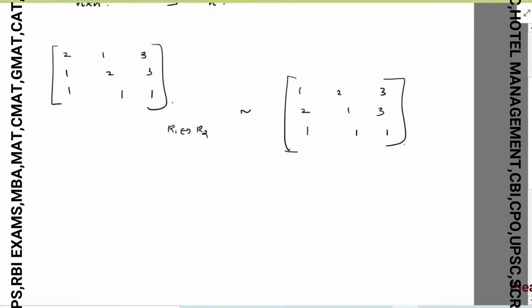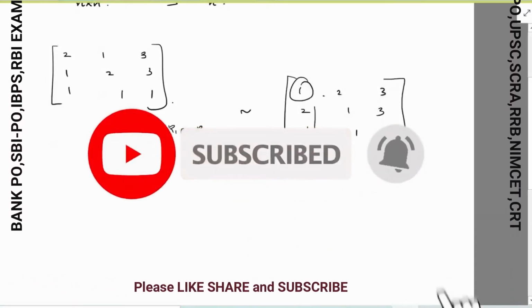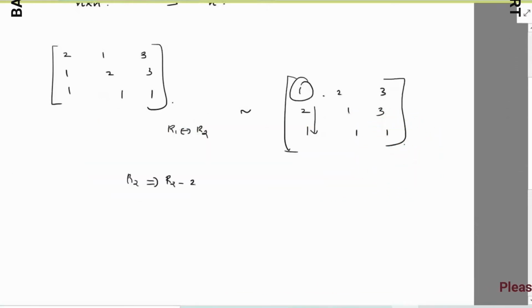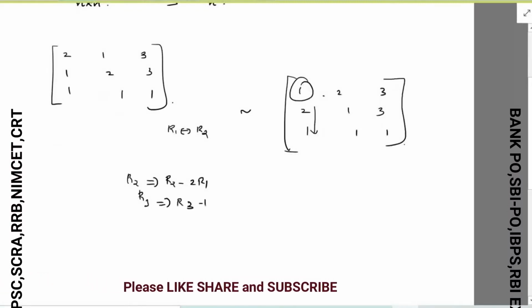Now we can mark the first leading coefficient and make all the entries below it 0. So R2 changes to R2 minus 2R1 and R3 changes to R3 minus R1.